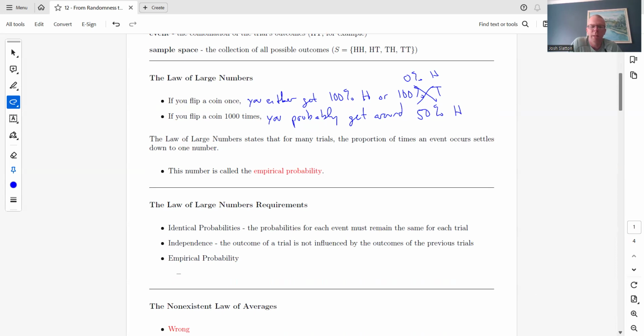The outcome of a trial is not influenced by the outcomes of previous trials. So whether you got heads or tails on the first flip, it's still a 50-50 chance of getting heads on the second flip. It's not going to change. An example of events that would not be independent: let's say you have 30 people in a classroom and you're going to randomly pick 10 people. So you randomly pick the first person.